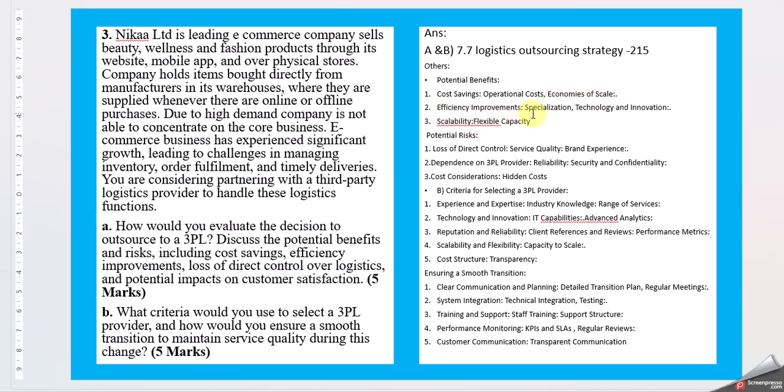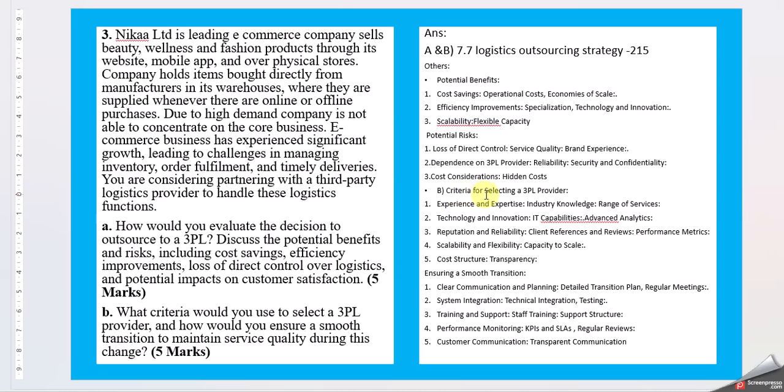Then efficiency improvement can be specialization, technology and innovation, scalability and flexibility, capacity. Potential risks: loss of direct control, service quality, brand experience. Under potential risk, the second one is dependency on the third-party provider. That can be reliability, security, and confidentiality which you can look for. Then cost consideration can be hidden cost. Sometimes the company will charge you a little higher. So these factors you can consider while answering A.